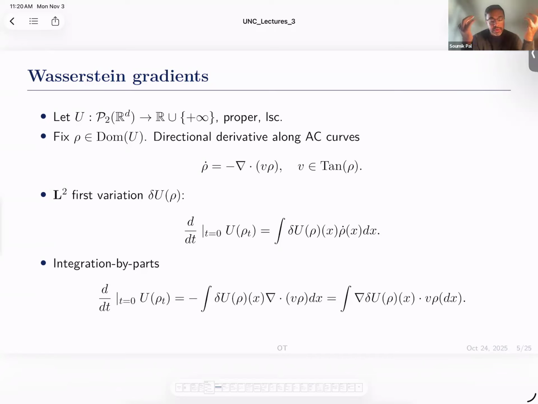I want to define the gradient of this u on this infinite dimensional formal Riemannian manifold. How will I do this? Again, I will first define directional derivatives, and then I will switch my dot product to my Riemannian inner product. So how do I define this?